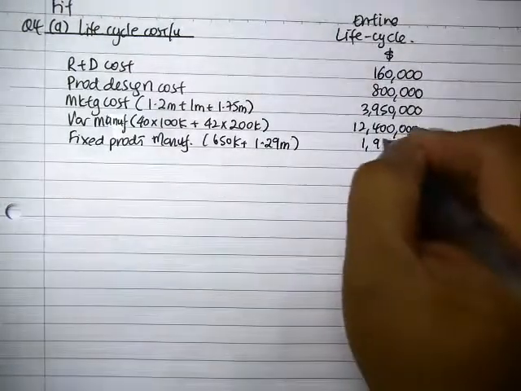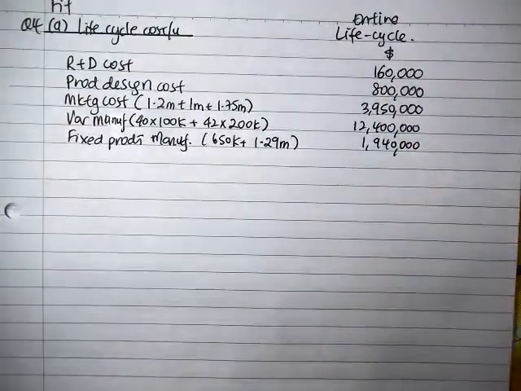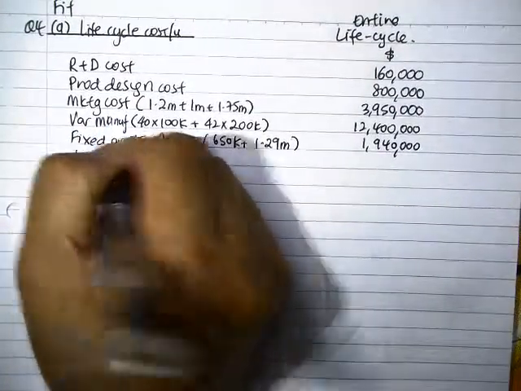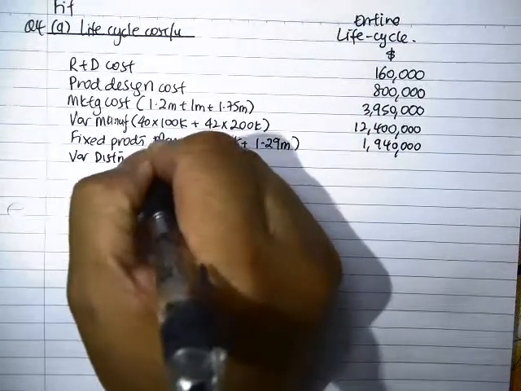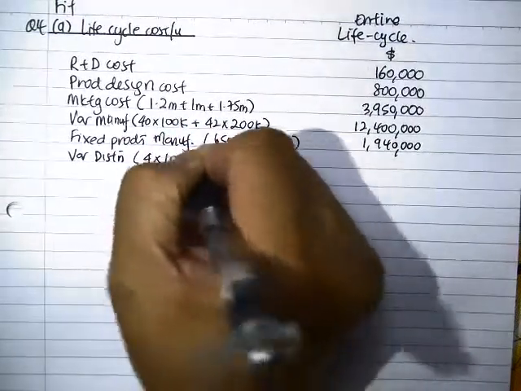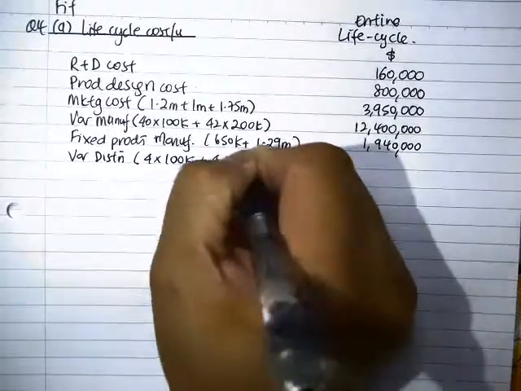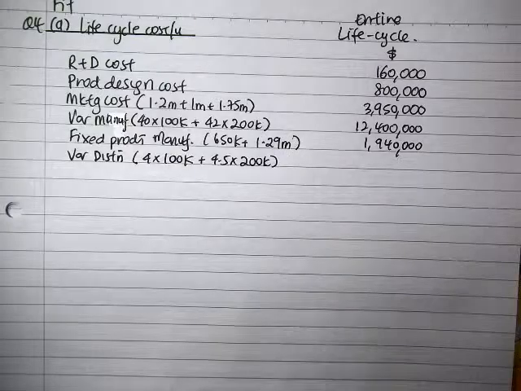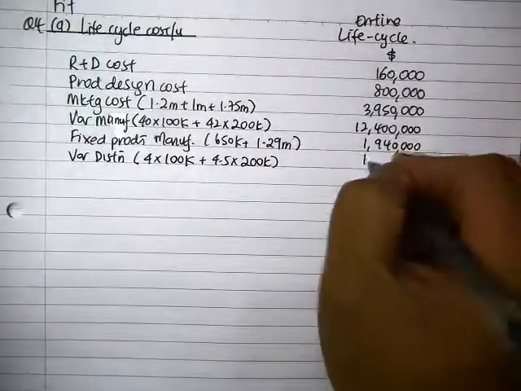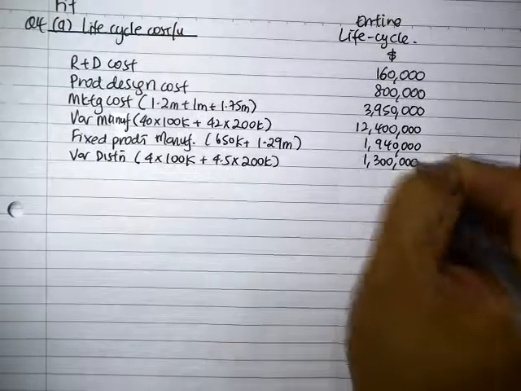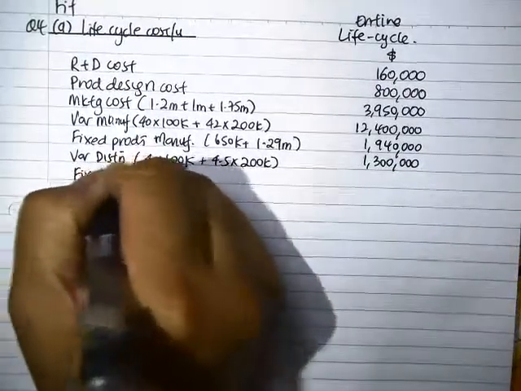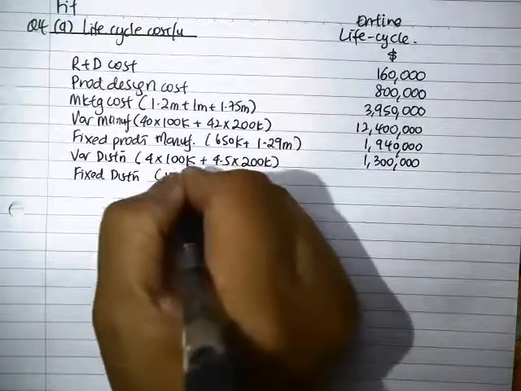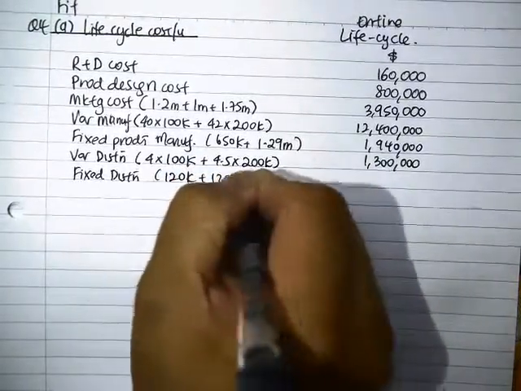So it's 1940. Okay, then followed by the variable distribution, 4 times 100, 4.5 times 200. Right, that's 1.3 million. And then we have the fixed distribution, which comes to 120 plus 120.